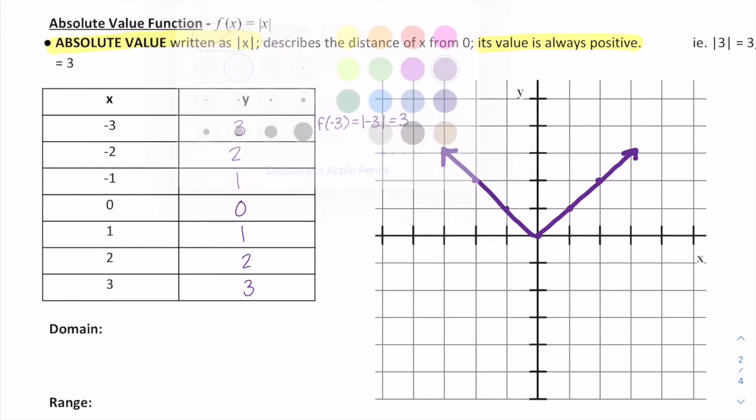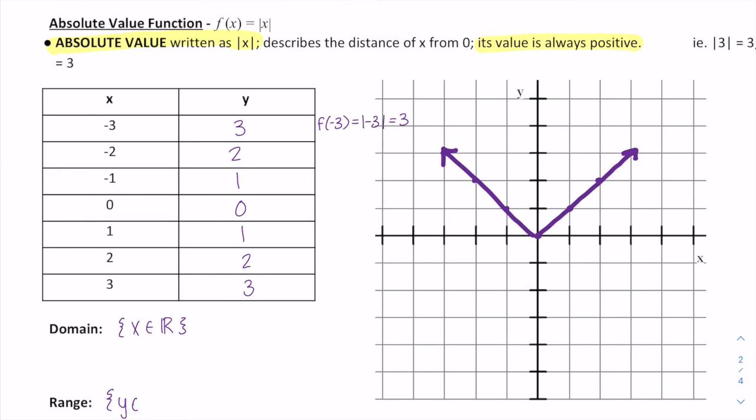Let's write out our domain and range. There's nothing stopping my x's, so I can just say that x is an element of real numbers. Then all of my y's are above 0, so I can say that y is an element of real numbers such that y is bigger than or equal to 0.